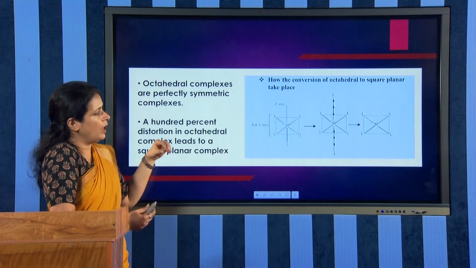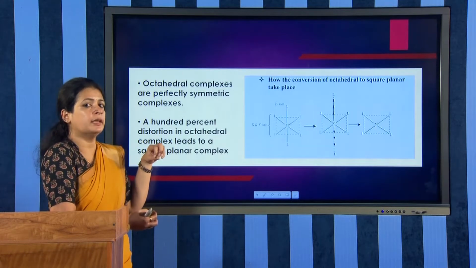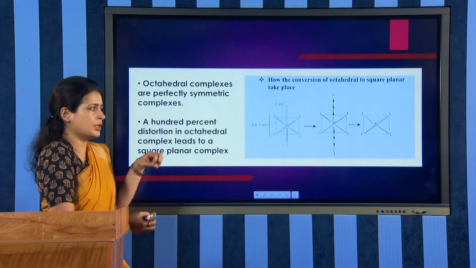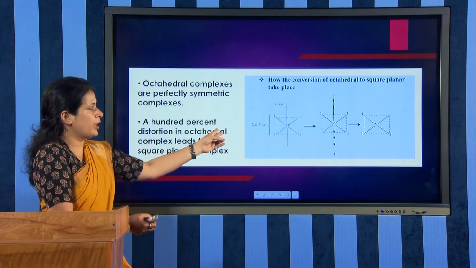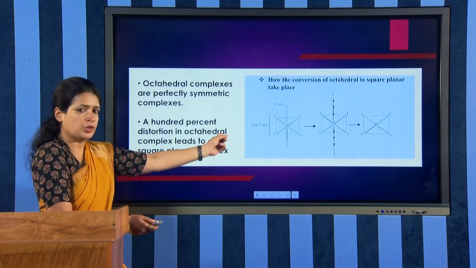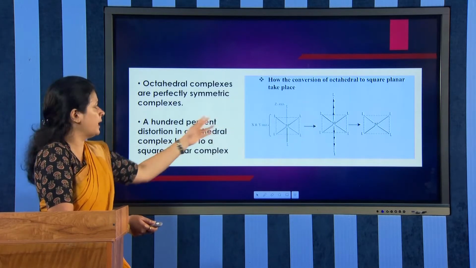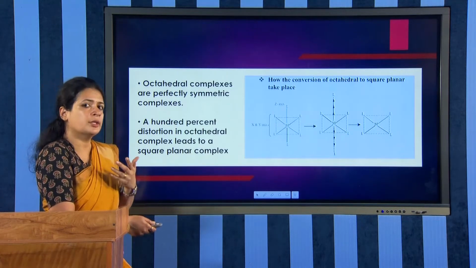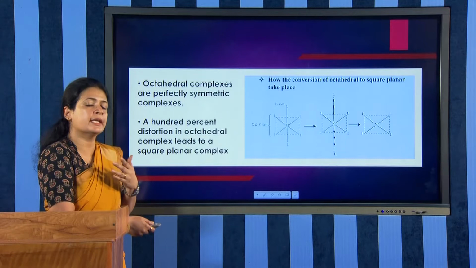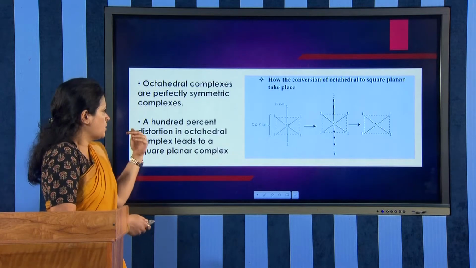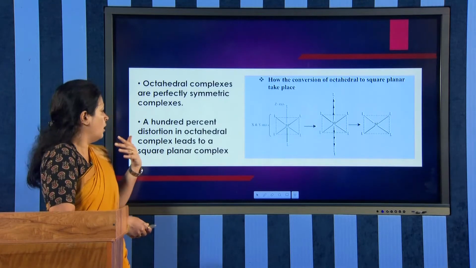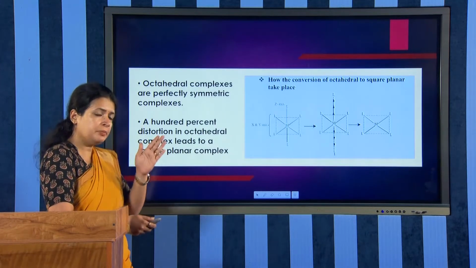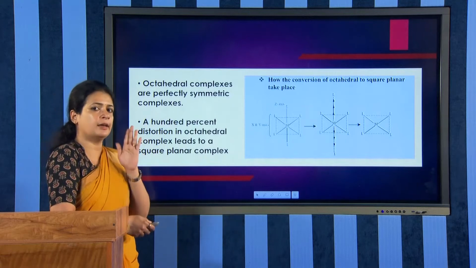We are just elongating the ligands along the z axis, that is z elongation, and in between the square planar and octahedral complex you can see an intermediate, called the tetragonal complex. Any distortion from the octahedral complex gives a tetragonal complex. So, 100% distortion of an octahedral complex leads to a square planar complex, and an intermediate of these two gives the tetragonal complexes.